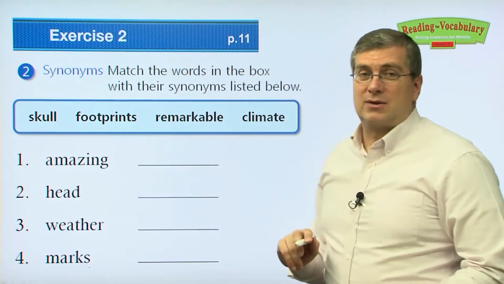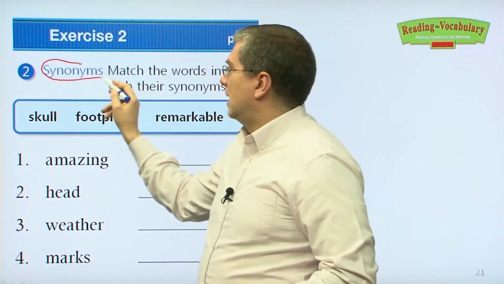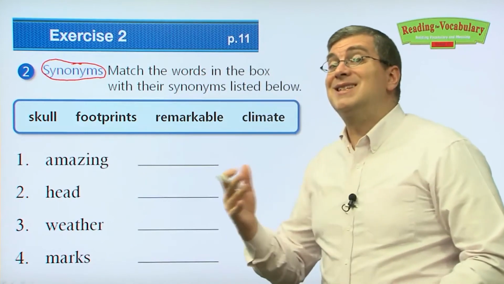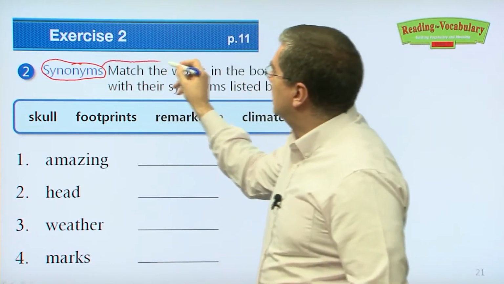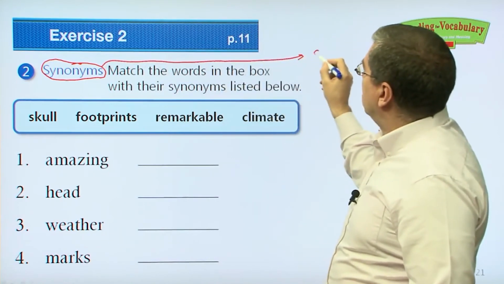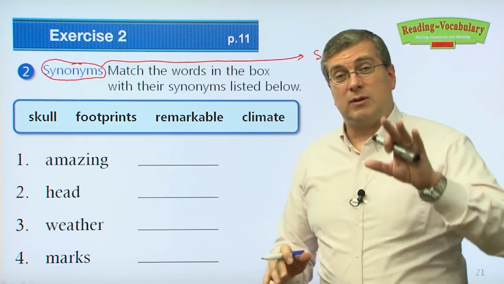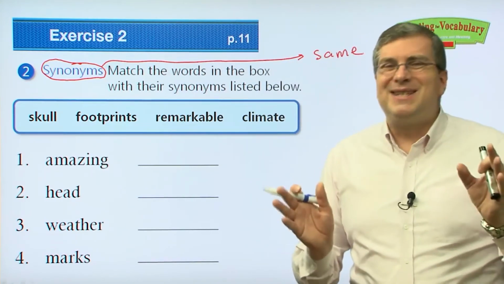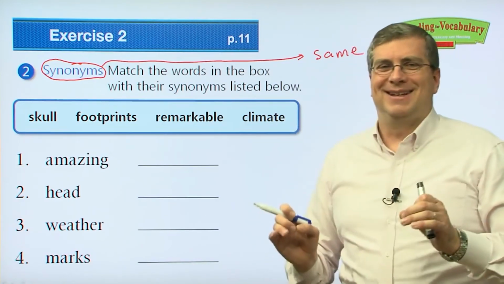Now our next exercise is talking about synonyms, right? Before we talked about antonyms, now we're going to talk about synonyms. What does synonym mean? Synonym is same. A synonym is a word or two words that have the same or similar meaning.